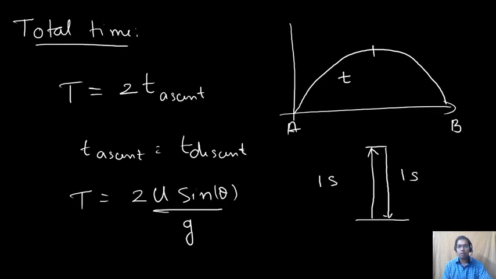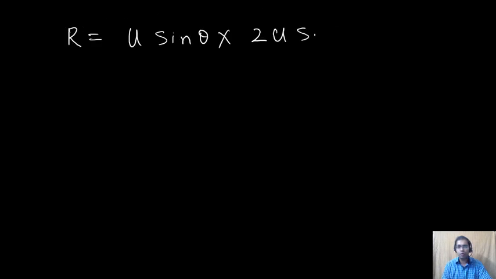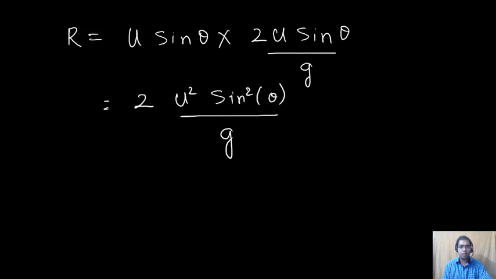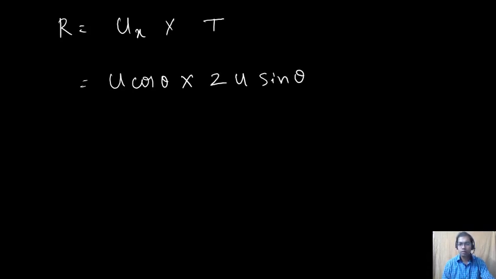So we can go ahead and substitute the values. So the horizontal range R is equal to ux times capital T. Now ux is u cos theta, into capital T, that is the time, we found it to be 2u sine theta by g.